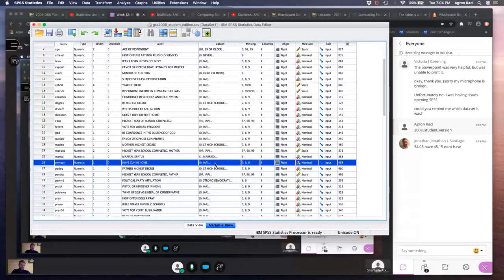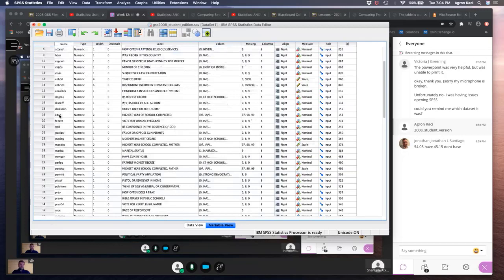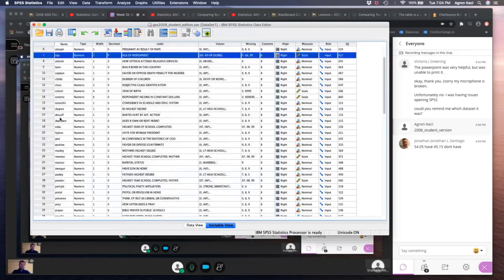So if I said test the hypothesis that younger people own fewer guns than older people, you could be using own gun as the independent variable and age as the dependent variable. Okay, age here and own gun.